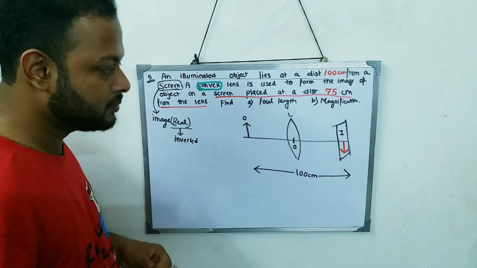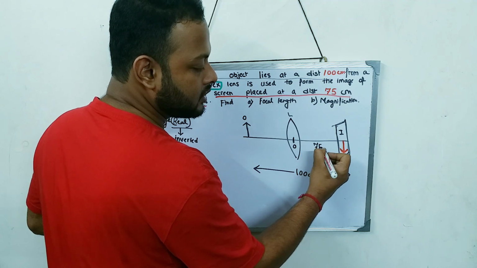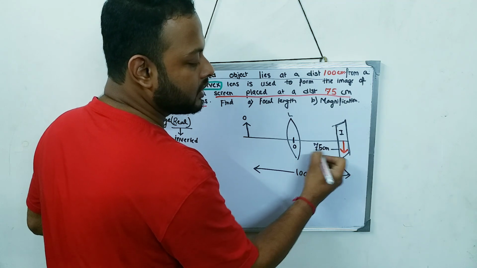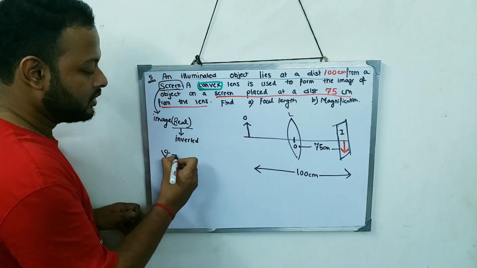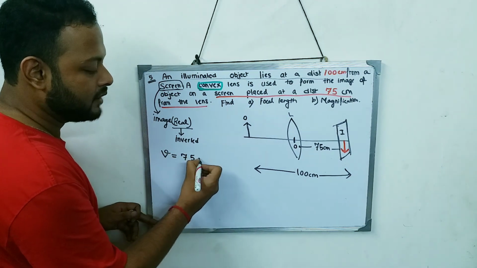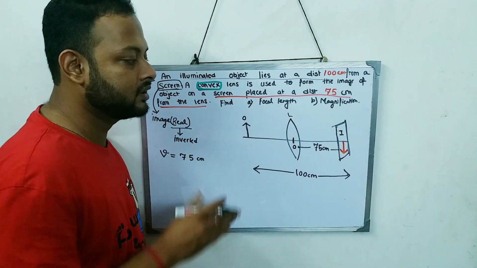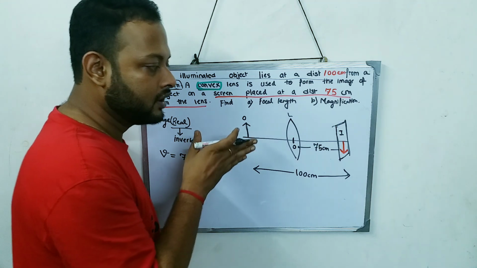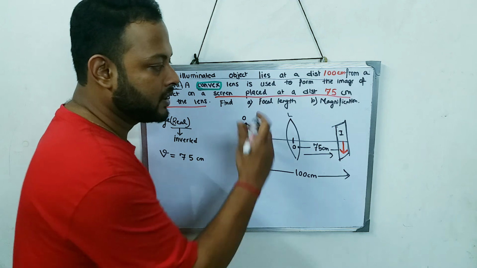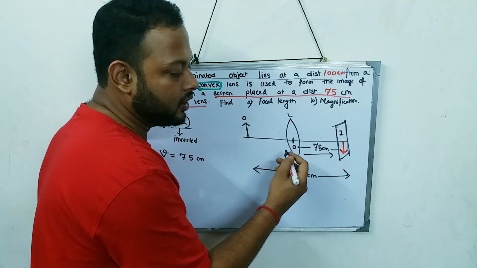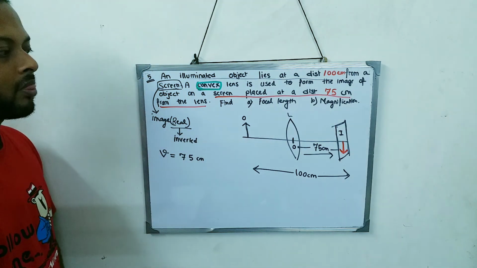So the distance between the screen and the lens is 75 centimeter. You have to know this part. So my V is equal to 75 centimeter. And is this V positive or negative? Obviously V is positive, because this direction is the direction of the incident ray. My incident ray is like this, and my image distance is also like this.